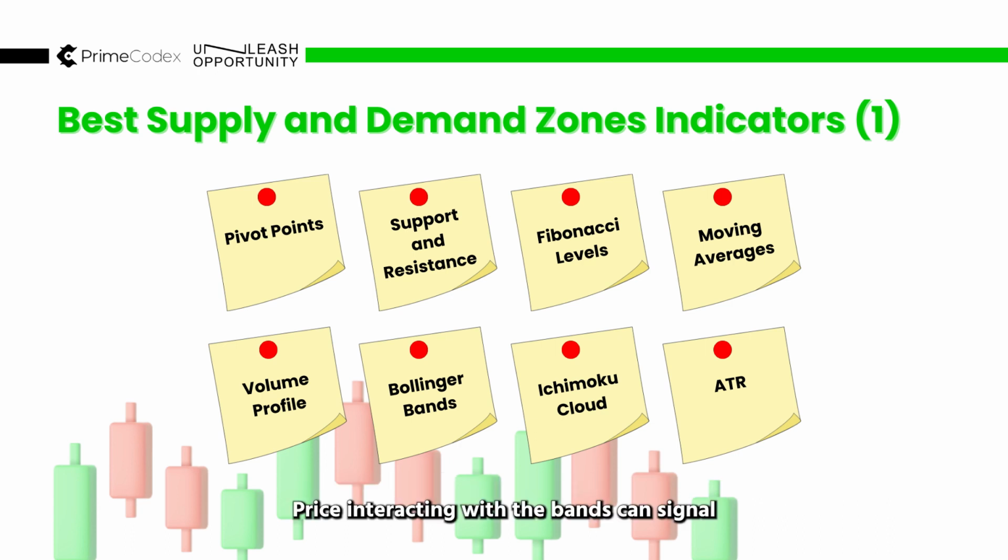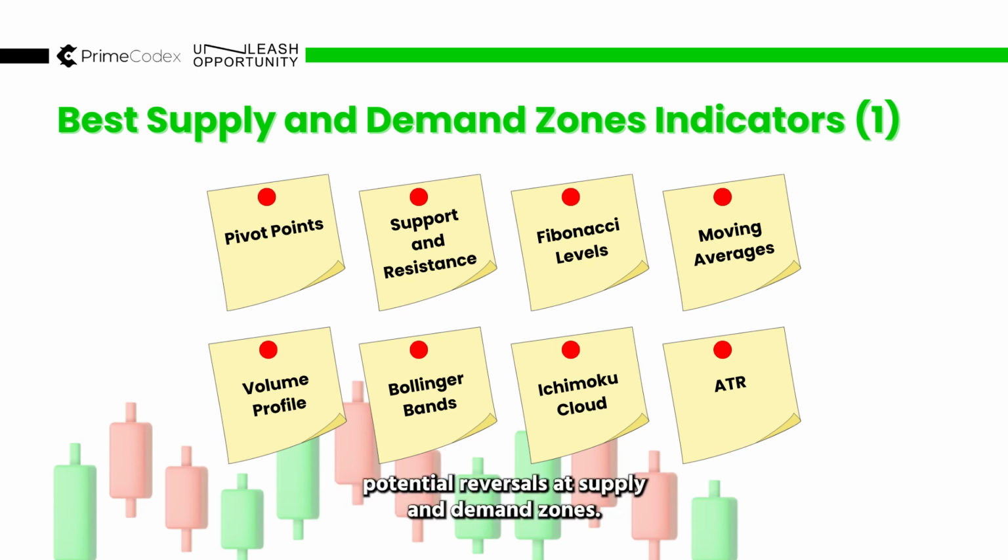Price interacting with the bands can signal potential reversals at supply and demand zones. 7. Ichimoku Cloud. The Ichimoku Cloud indicator offers a comprehensive view of support and resistance levels. Price movement within or above the cloud can indicate potential zones of buying or selling interest.